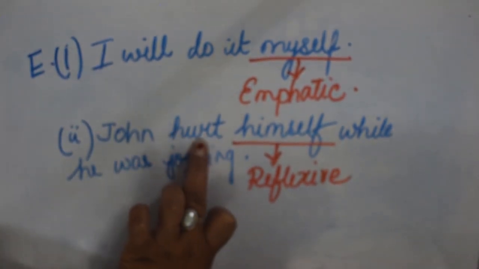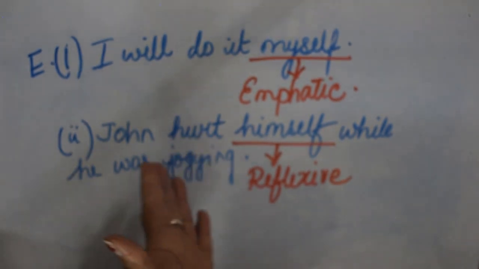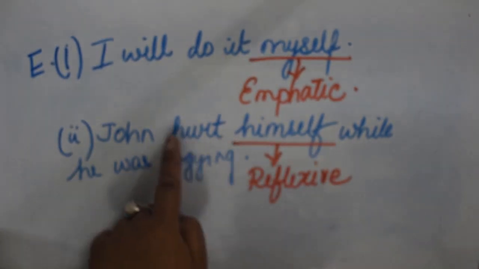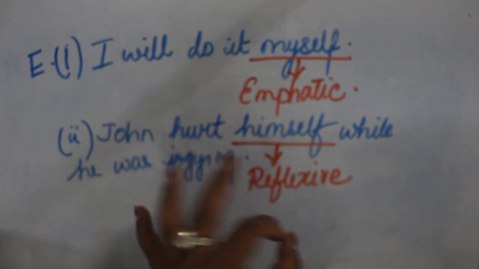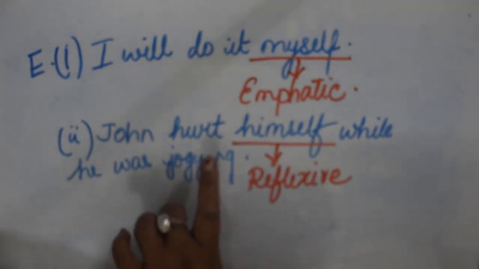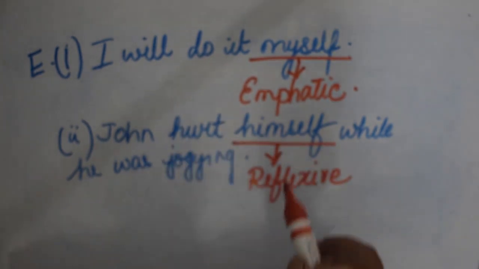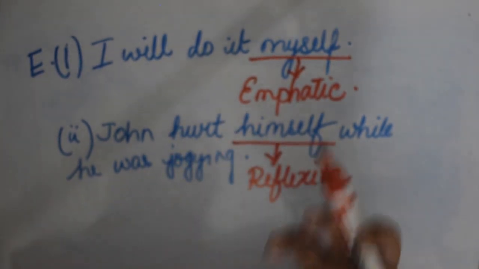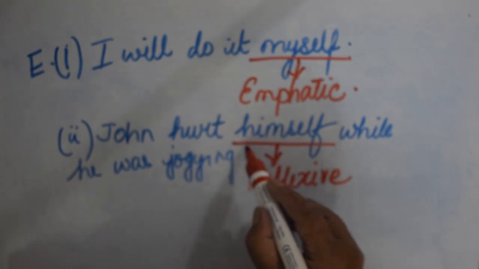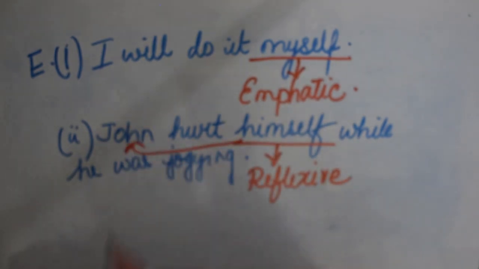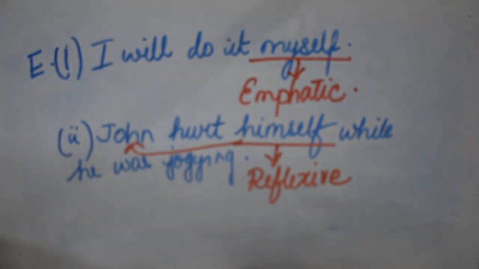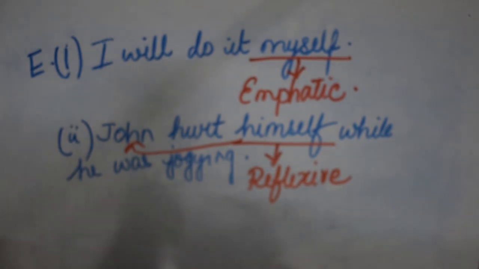Now hurt is indicating some object, that is himself. John hurt whom? The object is again returning to the subject itself, that is John. John hurt himself while he was jogging.